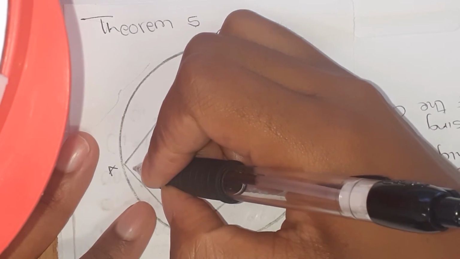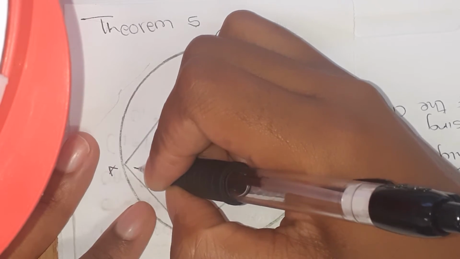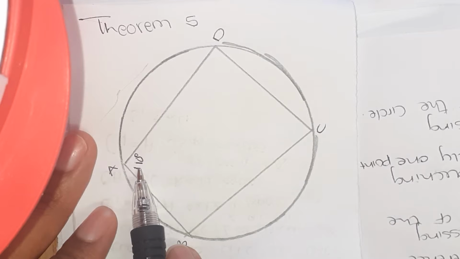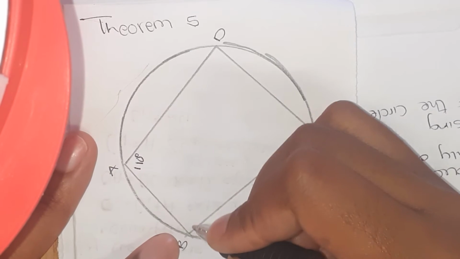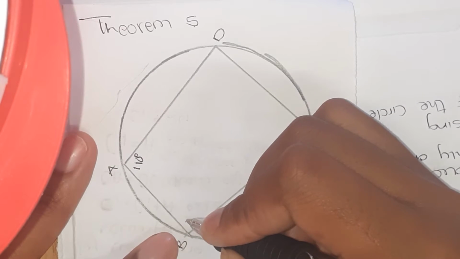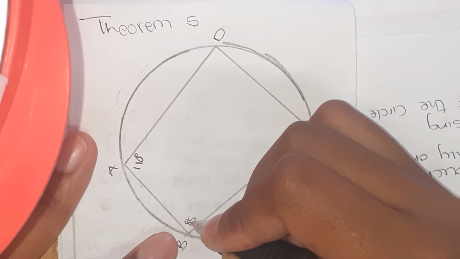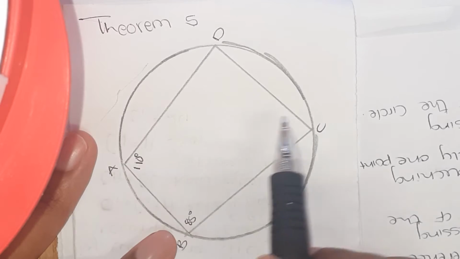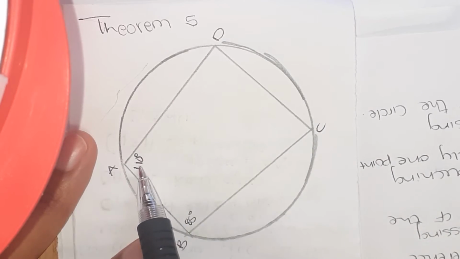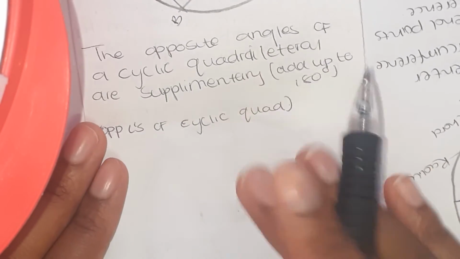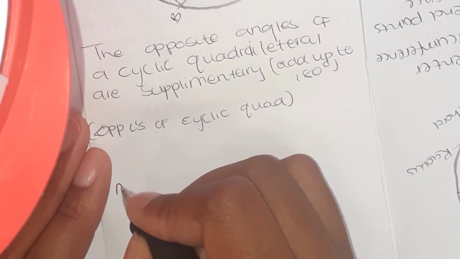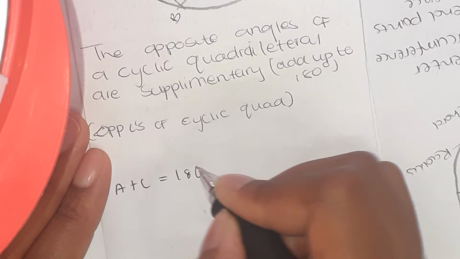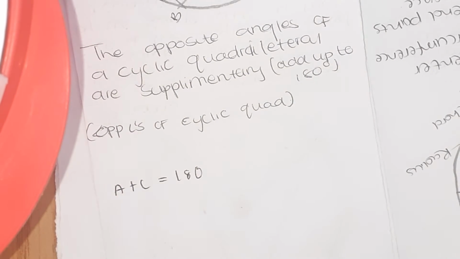So everything has to be 360. Let's say here we have 110, and here we have 85 degrees. So to get C, you're just going to say A plus C equals 180 degrees.